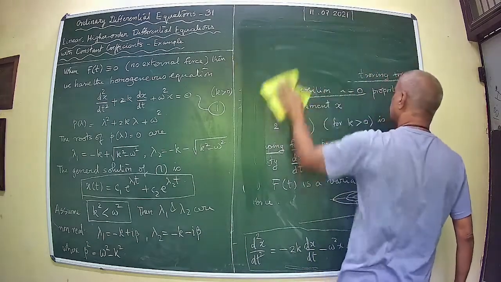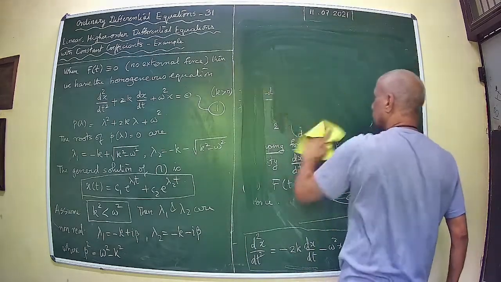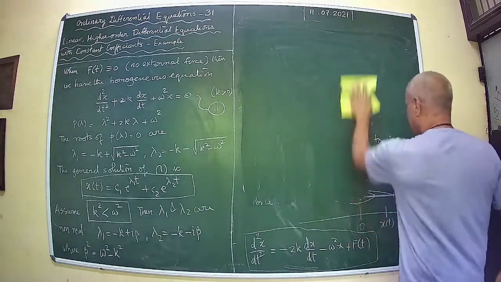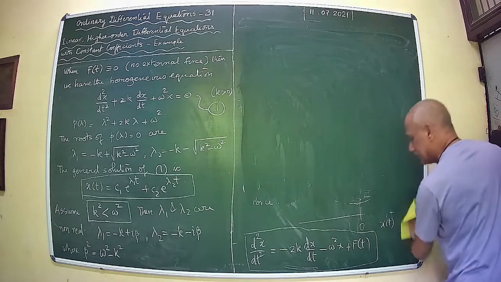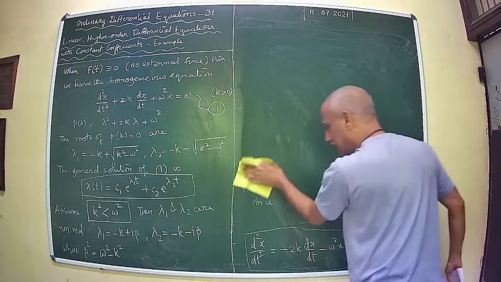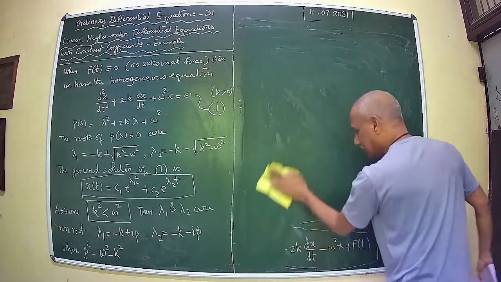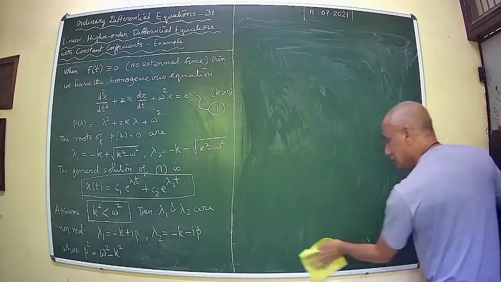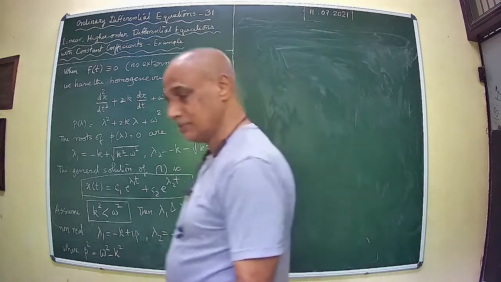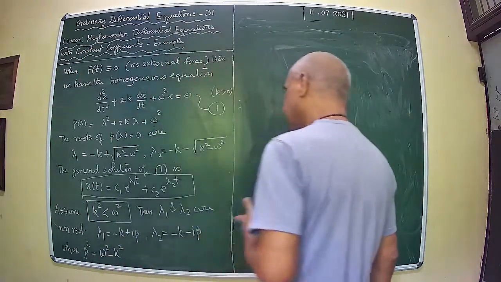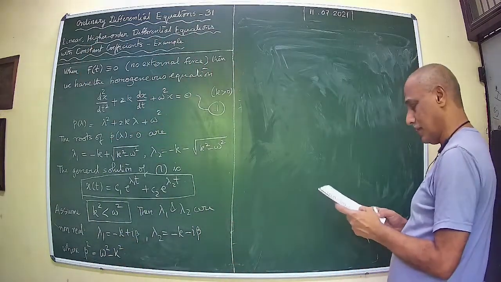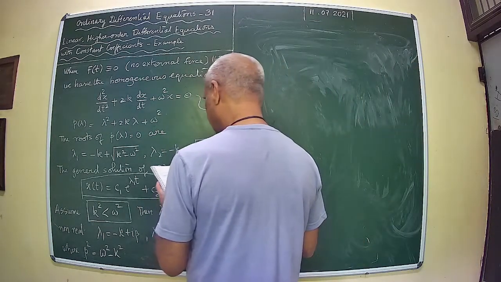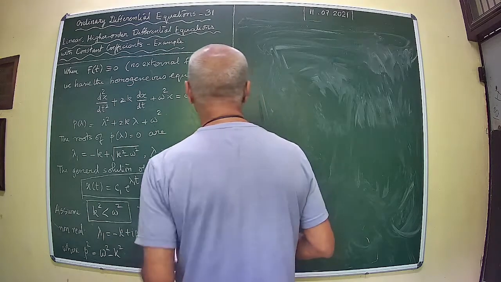Now what happens? What are the corresponding solutions? This is a typical case where you come across complex non-real roots of the characteristic equation, and you have the complex valued solutions corresponding to these non-real roots.